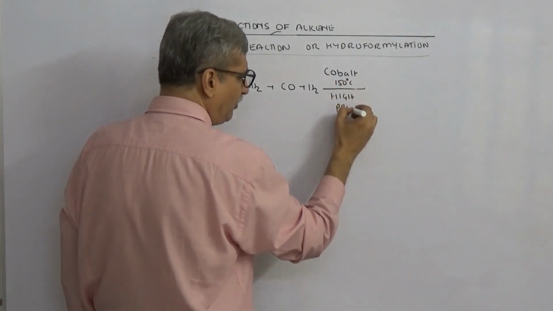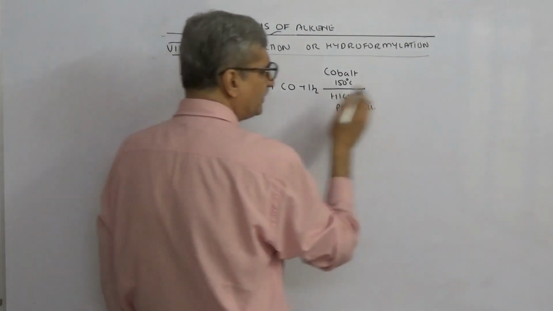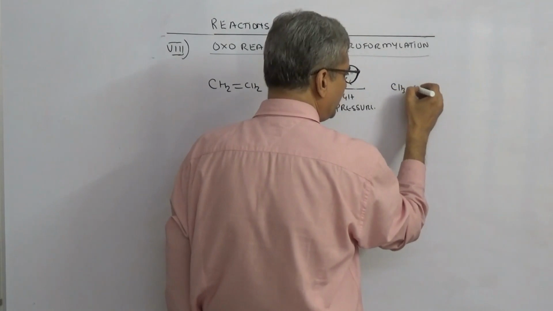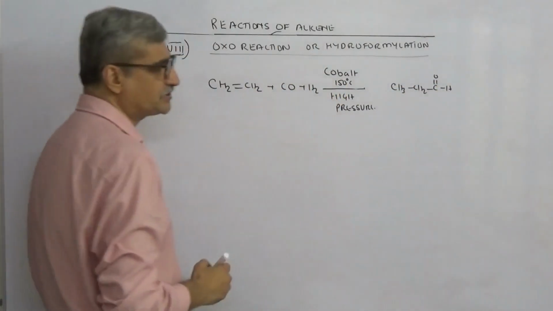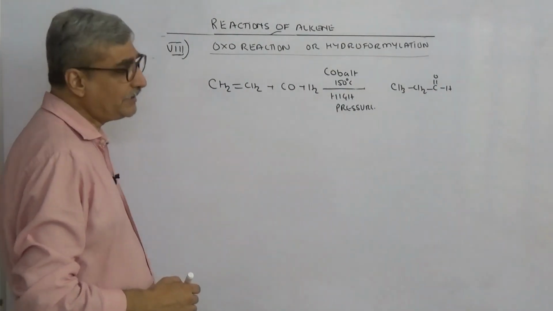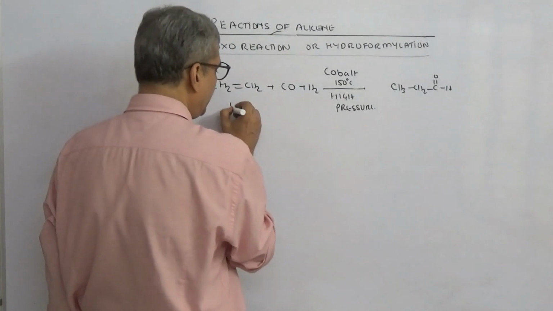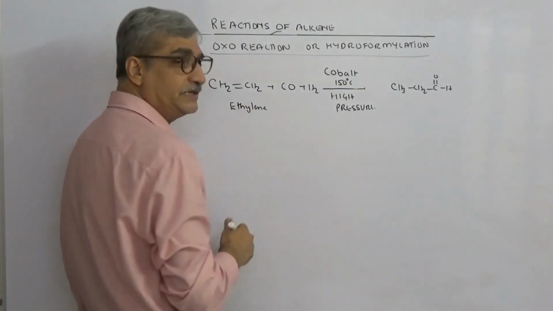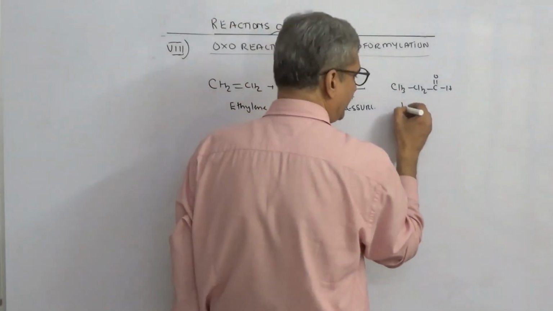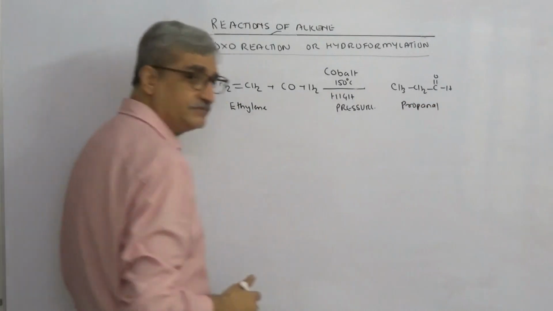When you fulfill all these conditions, ethylene will become propionaldehyde, CH3CH2CHO. So a direct terminal aldehyde group is introduced. So ethylene, with 2 carbon atoms, goes up a carbon to propionaldehyde, or propanal, with 3 carbon atoms.